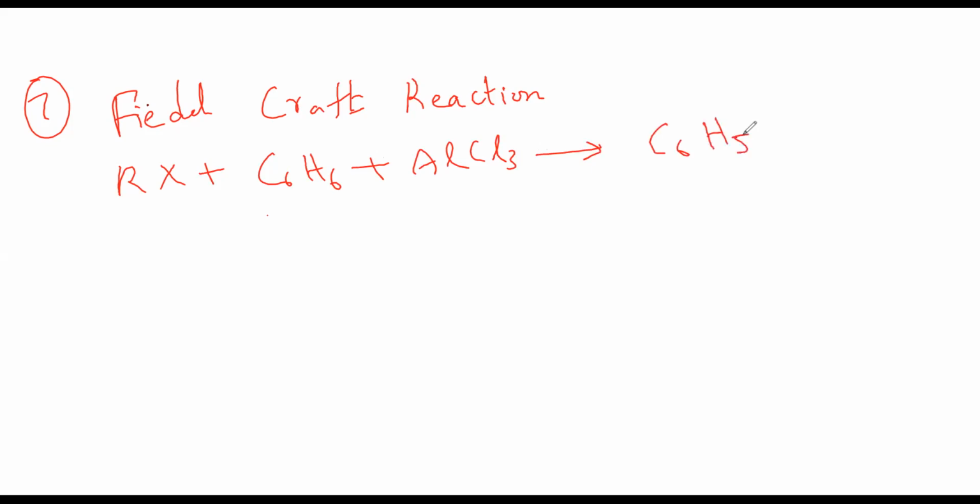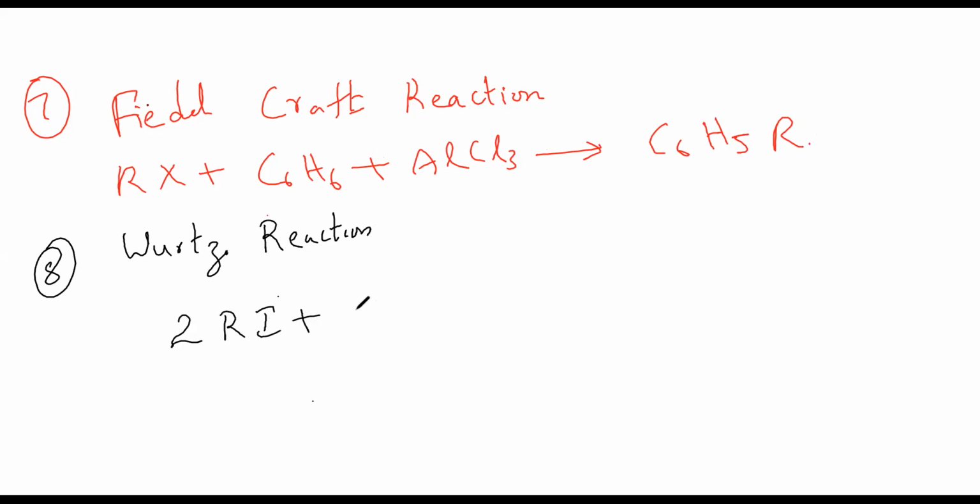So this will be C6H5R. That's all. The next one, Wurtz reaction. These two are very, very important. 2RI plus 2Na will give me what? Sodium iodide, NaI, plus RR. There are two R's, that's the reason it is RR. That's all.